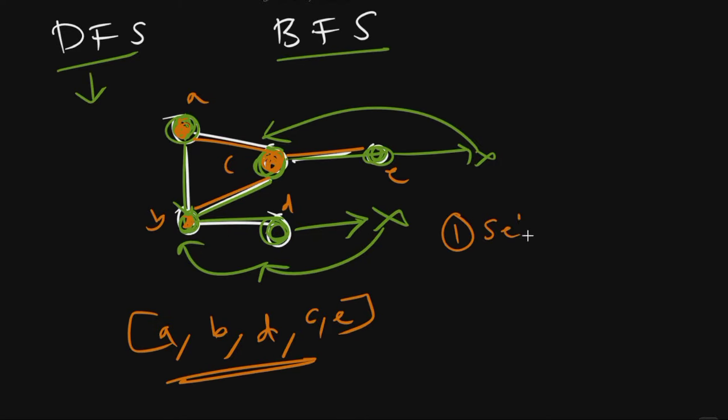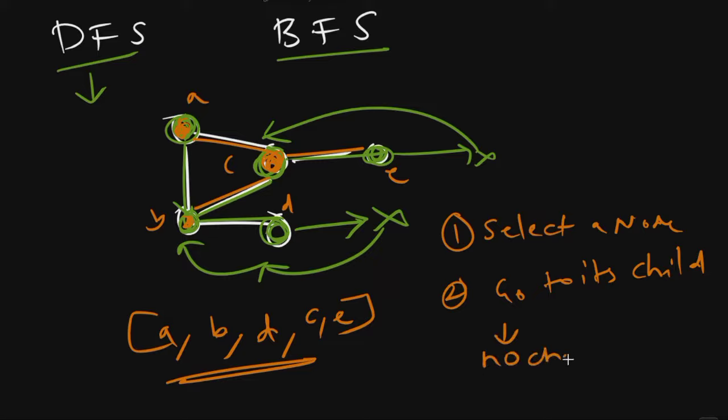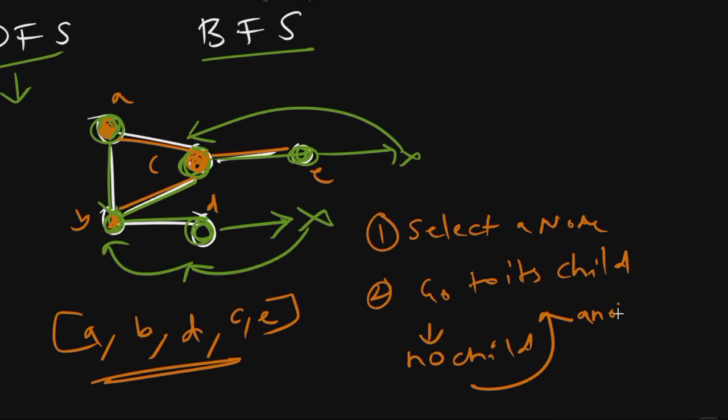We are selecting a node. So select a node, then go to its child until no children are there. When there is no child, return back and go to another child.